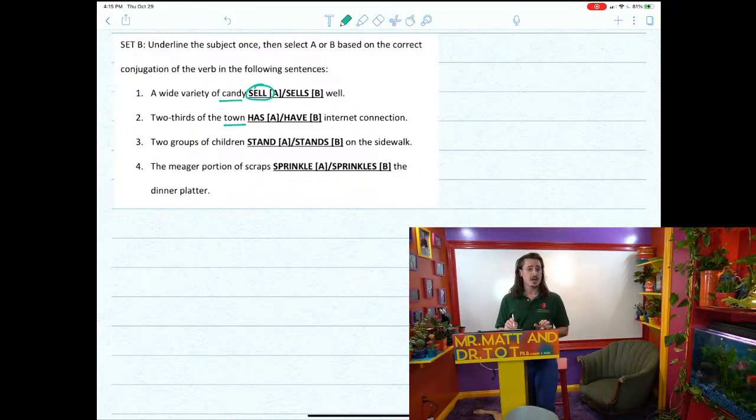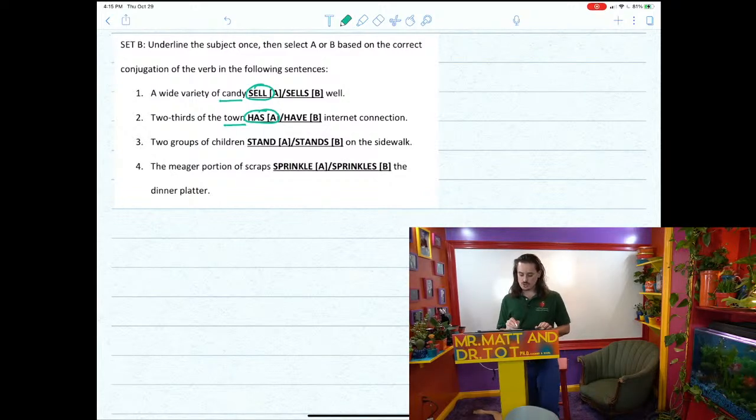Singular nouns do not usually end in S, so singular verbs usually do end in S. Here, it's a little bit counterintuitive because we have an irregular stem change, a spelling change in the conjugation of the verb have. We're going from have to has. So here we want a singular verb, and that singular verb is has. 2/3 of the town has internet connection.